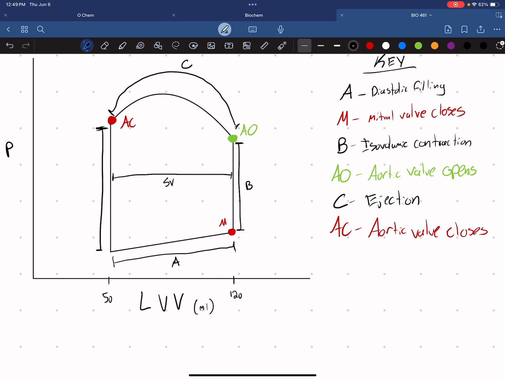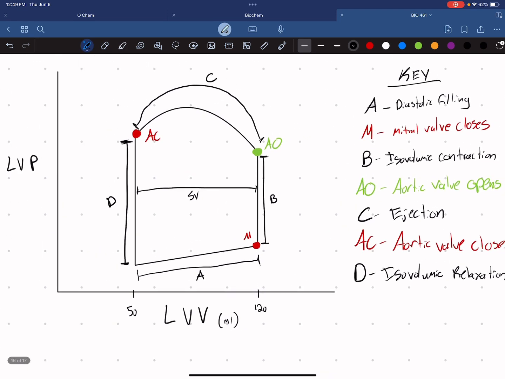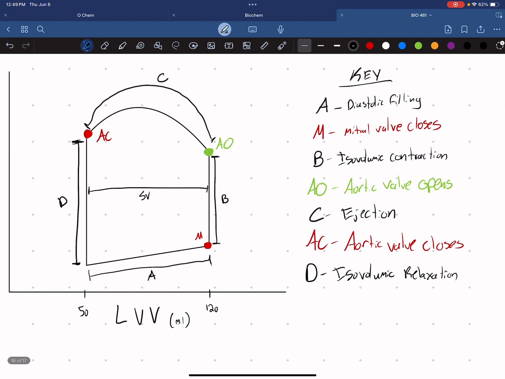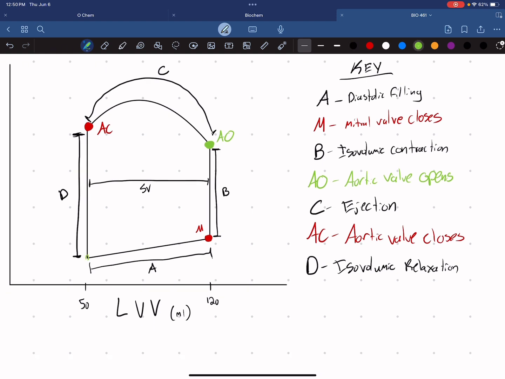Here we will label this section D, and here we have another isovolumic phase, but this will be relaxation. Because the y-axis represents pressure, the pressure will be going down, but the volume will be staying the same. Here, right back to where we started, we'll label this VF, with our final label being ventricular filling. And this is where it begins.